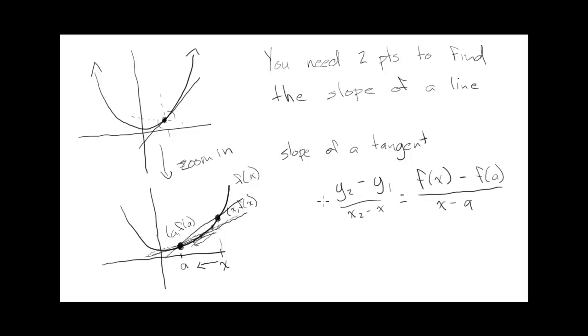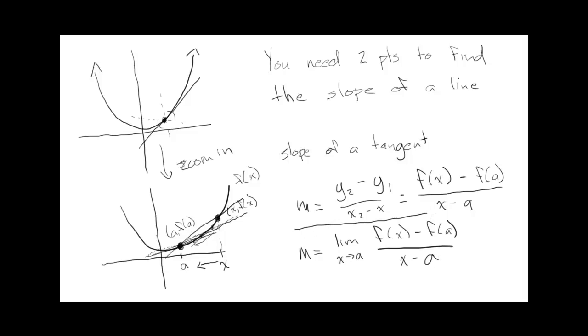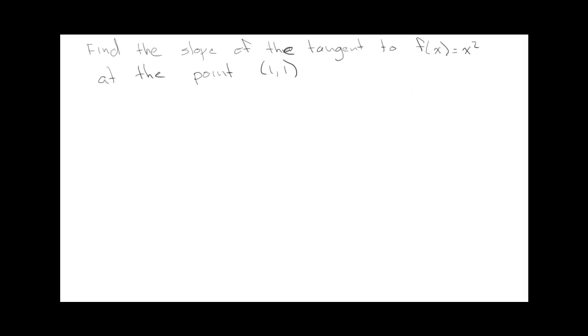So this is the slope of the secant line. But what do we need to do to make it the slope of the tangent? We're going to let x go towards a. So we're going to take the limit as x goes to a of f at x minus f at a all over x minus a. So this is one of our definitions of the slope of a tangent.